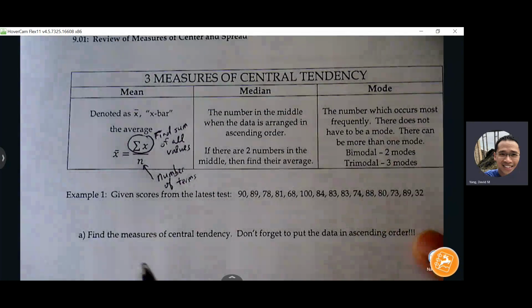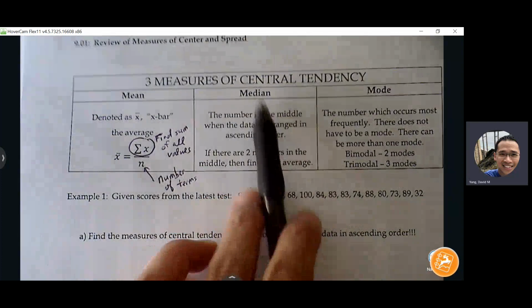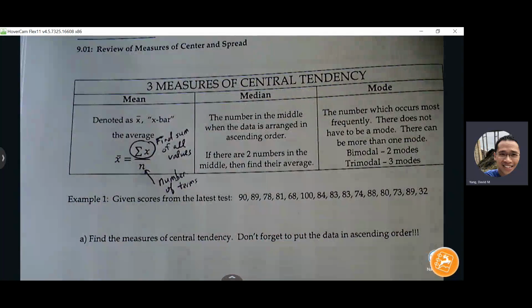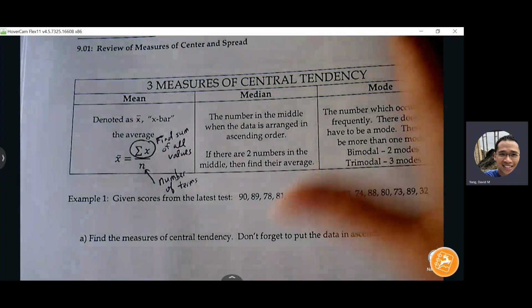Now, there's also something that is similar, and that's median. Median is the number in the middle when the data is arranged in ascending order. If there are two numbers in the middle, then we find the average of those two numbers.